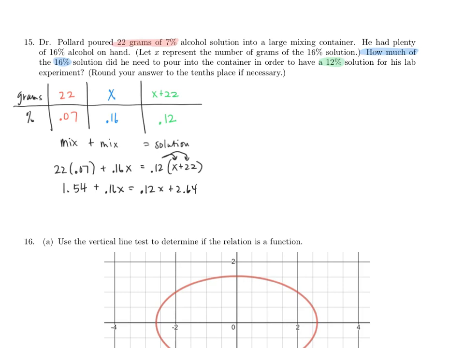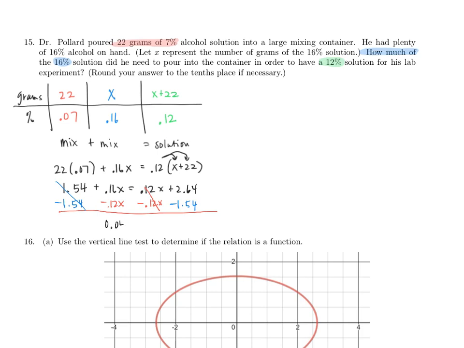So we want all the x's on one side and the numbers on the other. I can subtract 0.12x from both sides. That gets all my x's on the left, and I can subtract 1.54 from both sides. That gets my constants on the right. So when I do that, the 0.16 minus the 0.12 is 0.04.